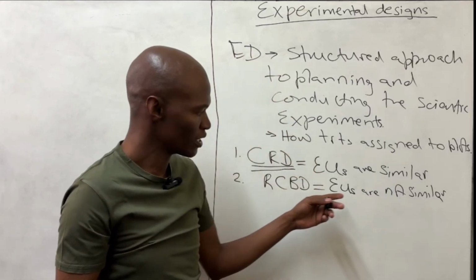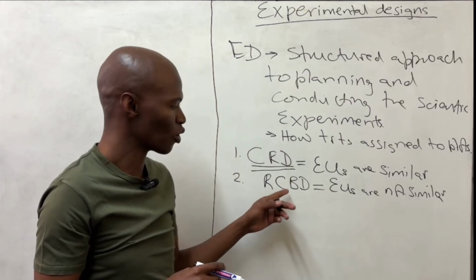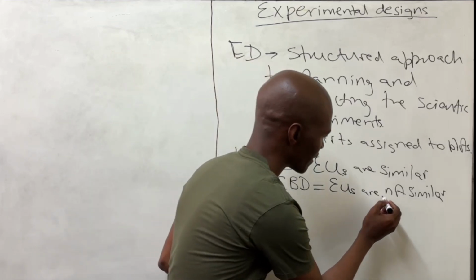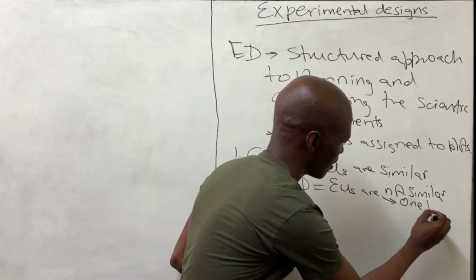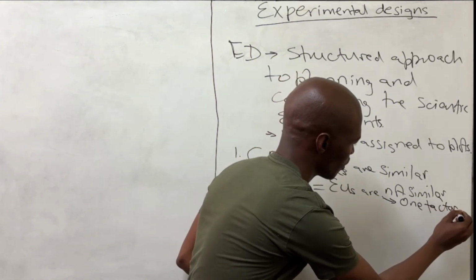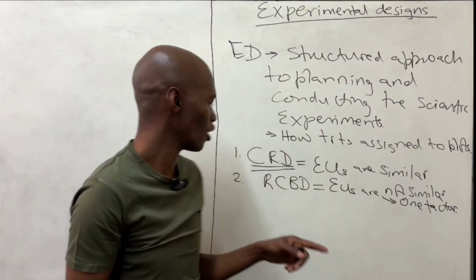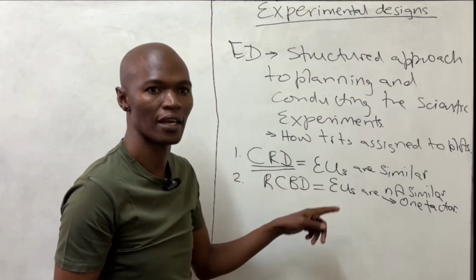When the experimental units are not the same, but the differences that you observe on those experimental units are only one factor, you apply the blocking. We call that a randomized complete block design.